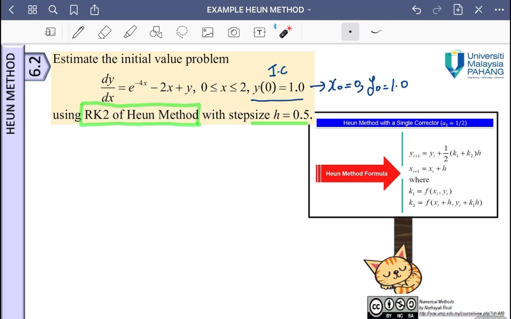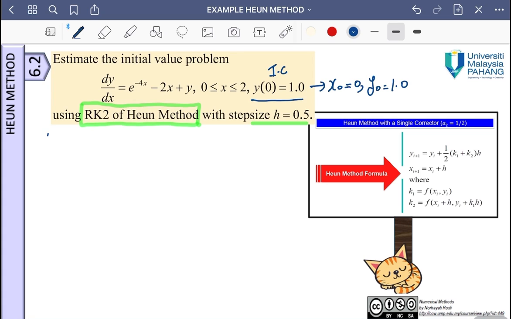To help you, I put here the formula for the HEUN method. You may refer to this formula to help you memorize or look again at what the formula for the HEUN method is, step by step. Okay, so let's solve this together.